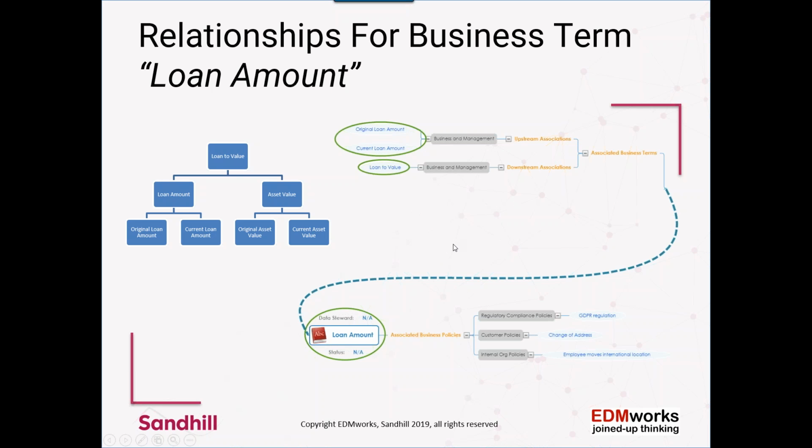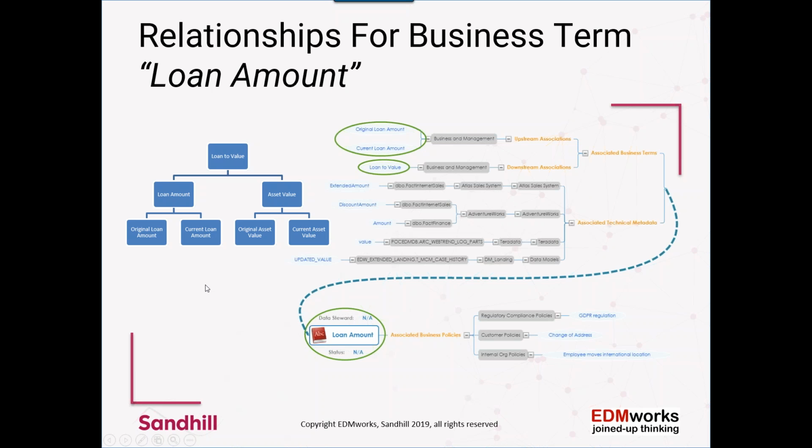So we can understand in here the various business terms that we've got and the underlying relationships in there. But obviously this is the business glossary and the business terms that we're looking at. But what we are also interested in is how that manifests itself in the underlying technical data. So again, for the business term, we can understand what the technical metadata is associated with that.